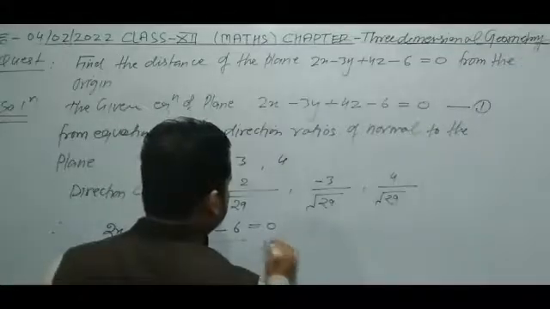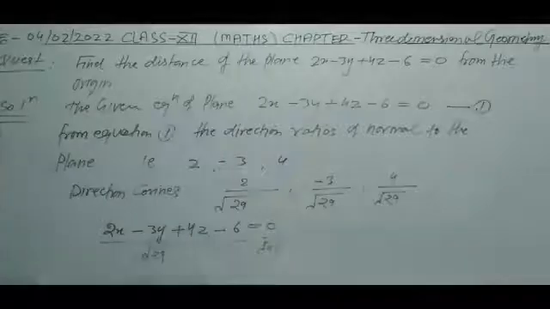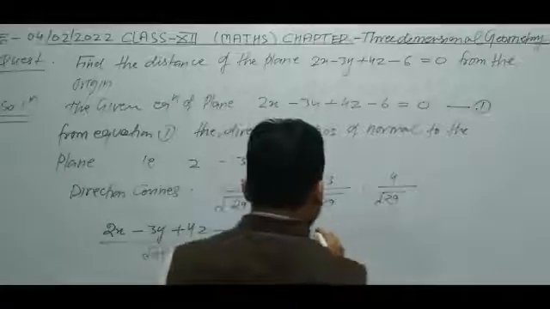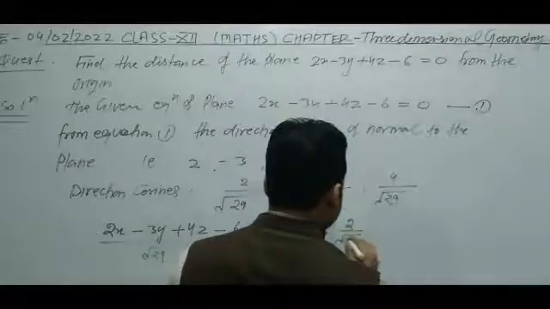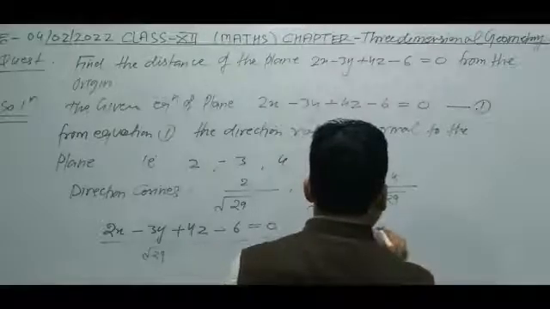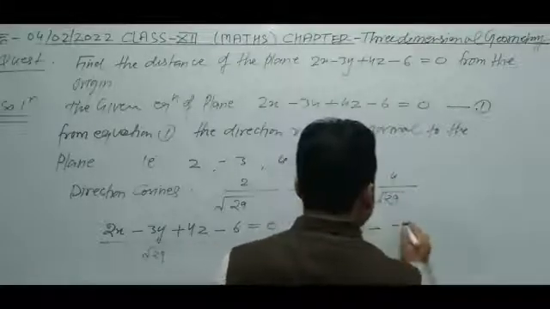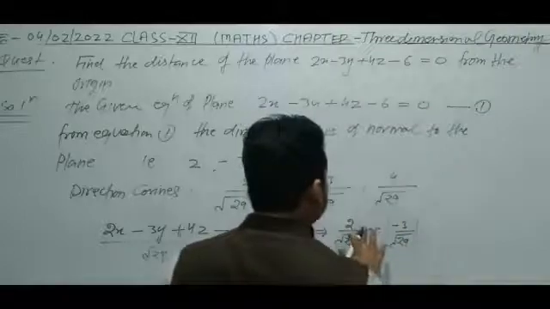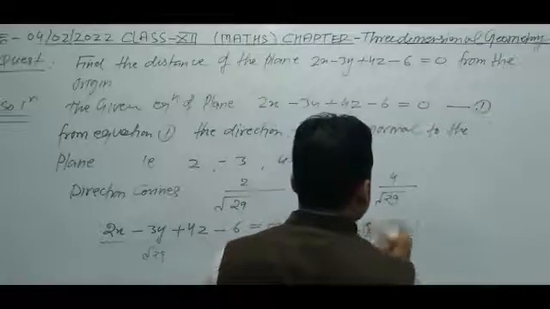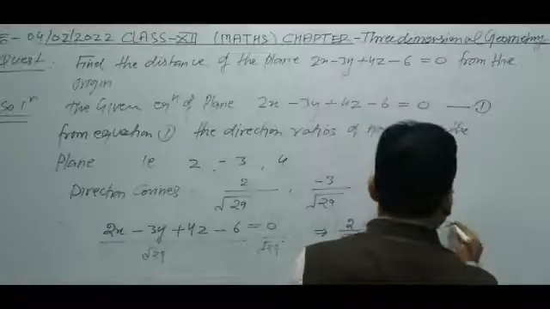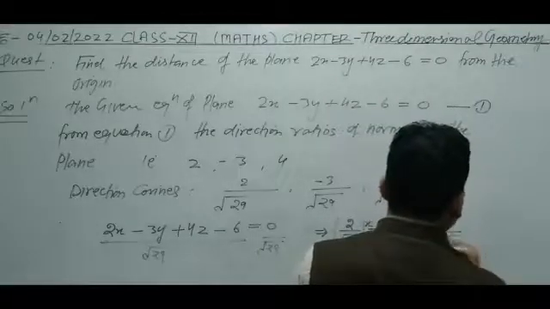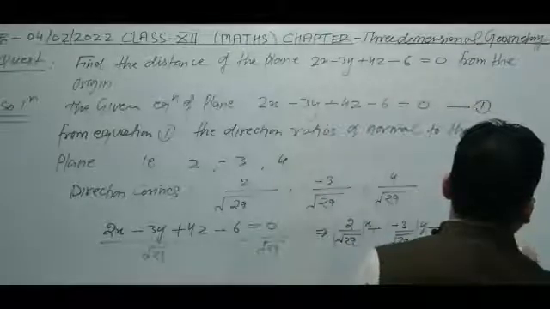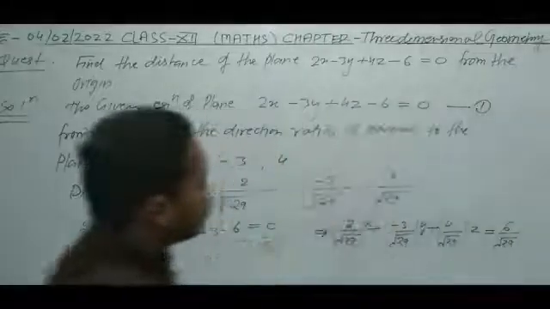Now in this format you will see, 2 upon root 29 x minus 3 upon root 29 y, and 4 upon root 29 z is equal to 6 upon root 29. So this is the format.